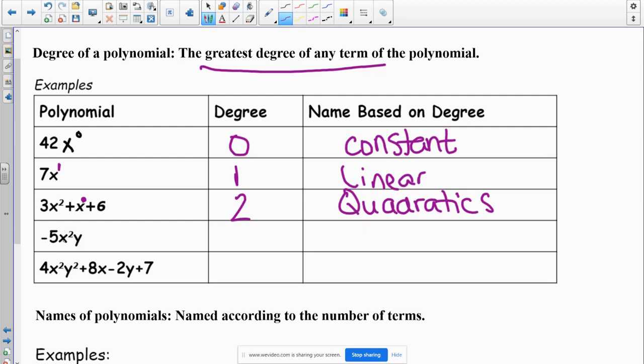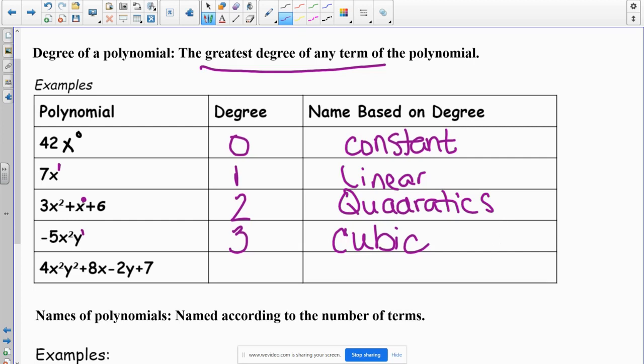Now remember, these are together, so the degree of this monomial would be 3, because we have 2 and 1. Even though they're different variables, they're still in one monomial, so this would have a degree of 3. A degree of 3, we haven't studied this a lot, is called a cubic. So we have constants that are just numbers, linears that have a degree of 1, quadratics that have a degree of 2, and cubics that have a degree of 3.